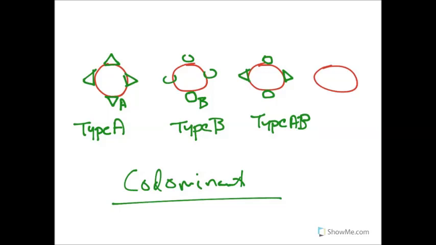Now, if you have none of them, you are referred to as type O blood. Type O was really supposed to be type 0, but that was a typo. It has no antigens on its cell surface.